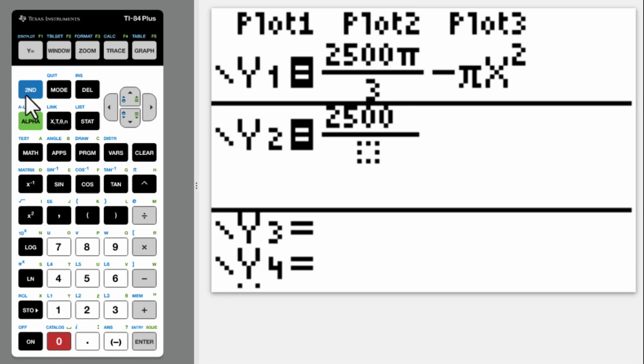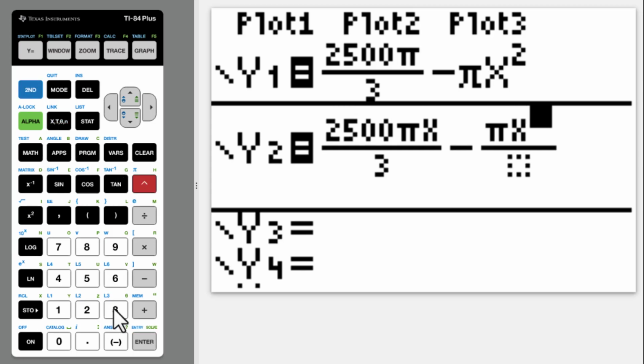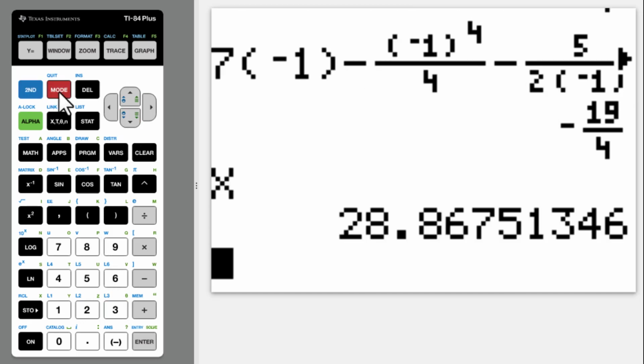Y2: alpha y equals 2500 pi times x over 3, then minus alpha y equals pi x to the third power over 3. Quit. Alpha trace.